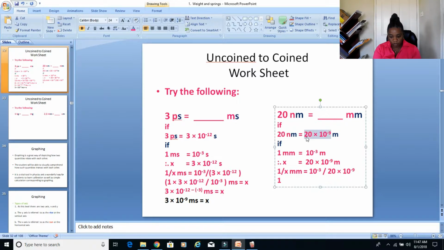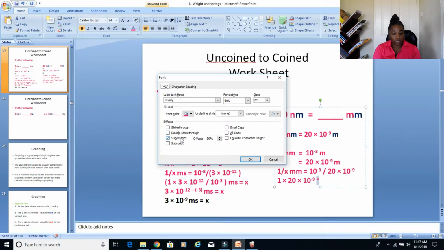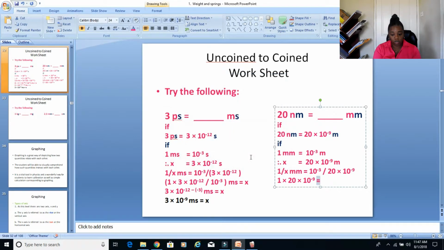Let me just highlight this. 1 times that is equal to, coming out of superscript. Yes, I heard you. Okay.